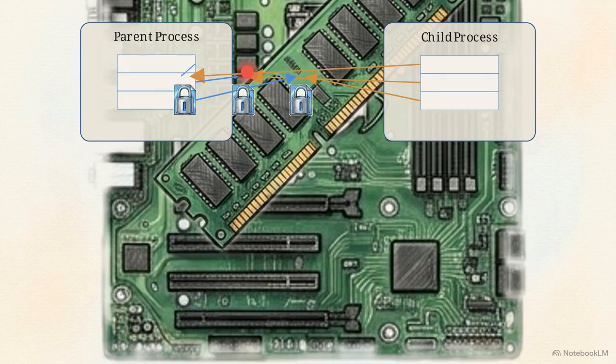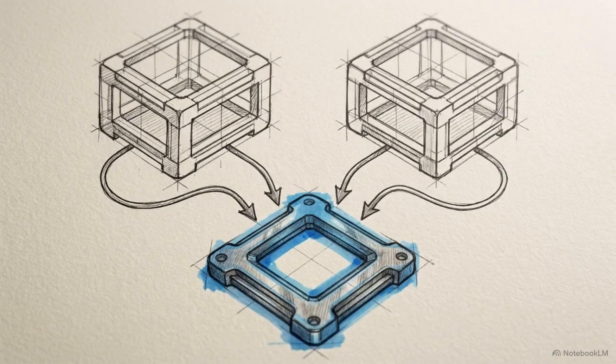When the child modifies a variable, the OS intercepts, duplicates only that specific page, and updates the pointer to the new frame. Copy on write allows the system to spawn massive, complex processes instantaneously, deferring the heavy lifting of memory duplication until it is absolutely, mathematically unavoidable.